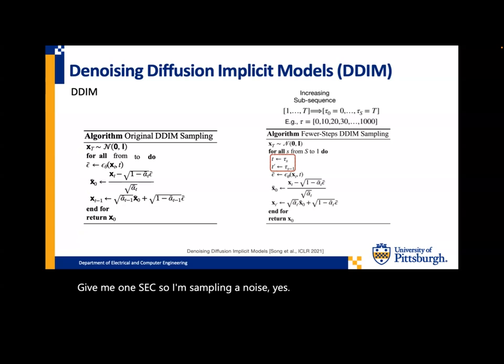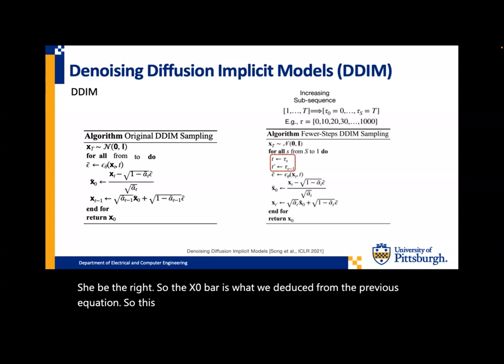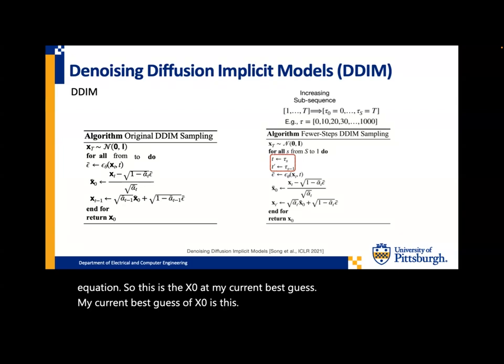And then I'm assigning the x0 bar to be this. So the x0 bar is what we deduced from the previous equation. This is the x0 at my current best guess. Okay?